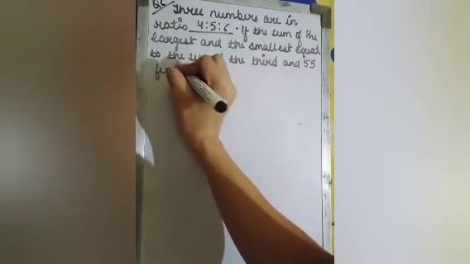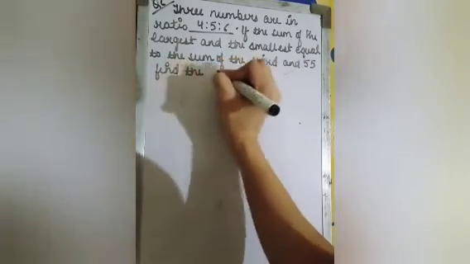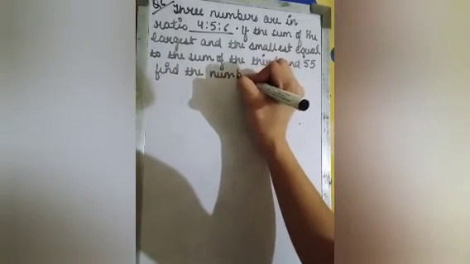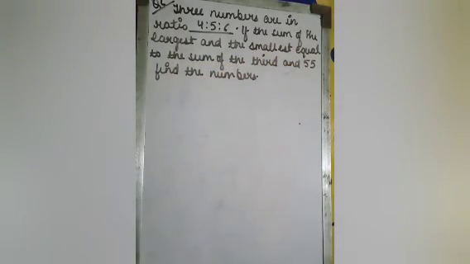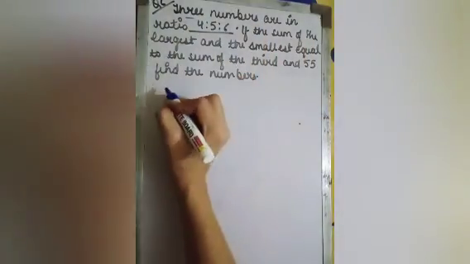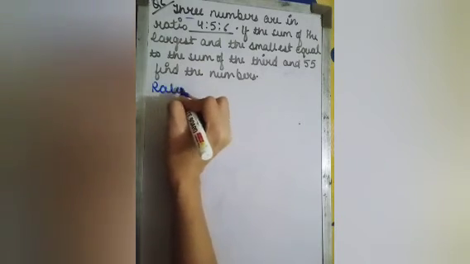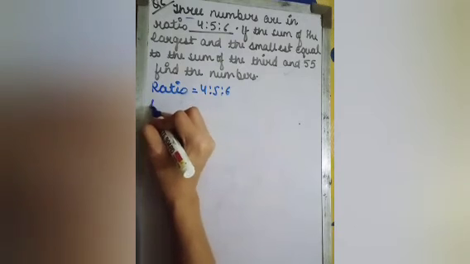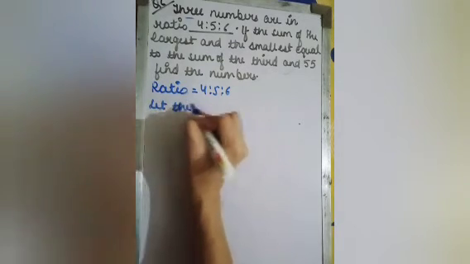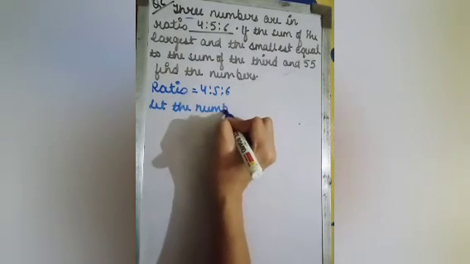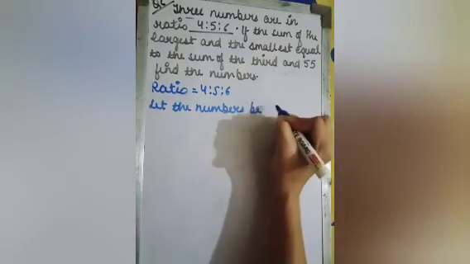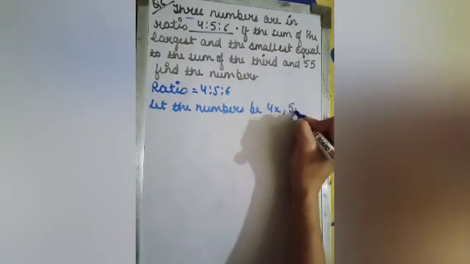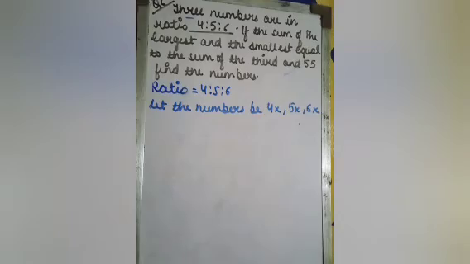Find the numbers. How many numbers are there, class? 3 numbers, right? And their ratio is given. Ratio is 4:5:6. So let the numbers be 4x, 5x and 6x, right?